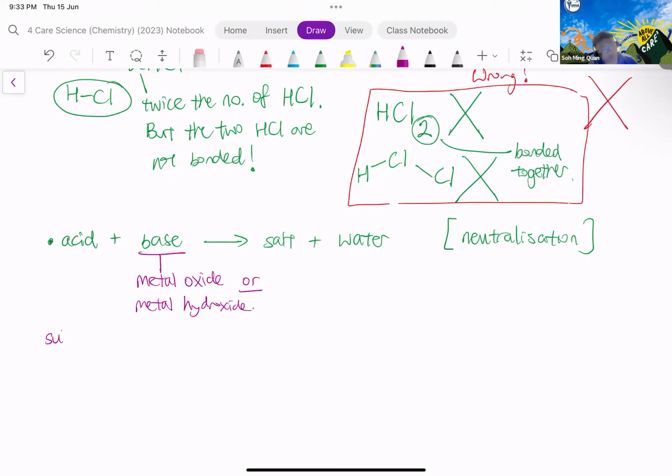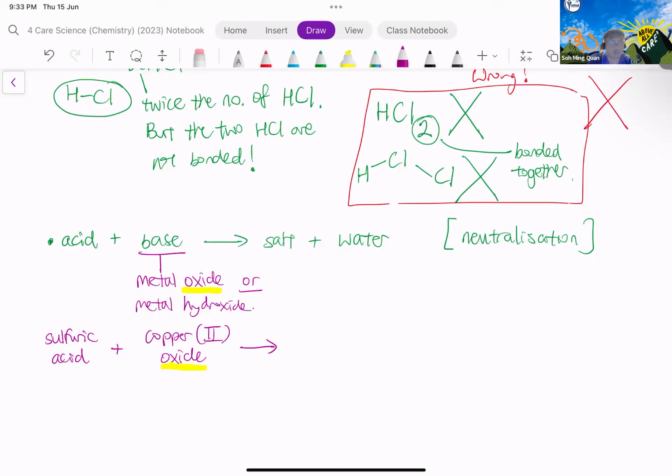So, for example, sulfuric acid plus copper 2 oxide. If it's sulfuric acid plus copper 2 oxide, you recognize the word oxide. Copper is a metal, so copper 2 oxide is a base because metal oxide is a base. So what will this form? Again, it forms salt and water.